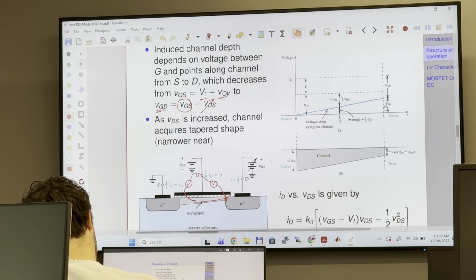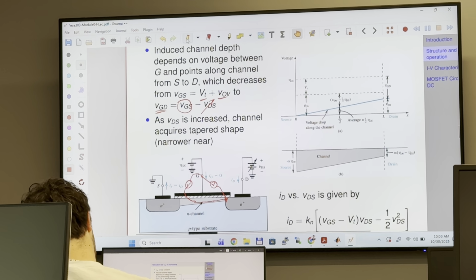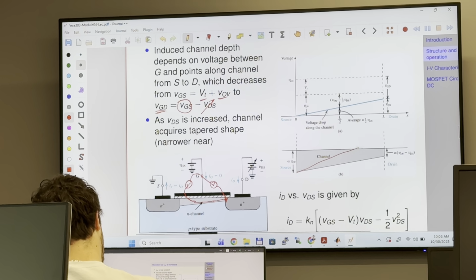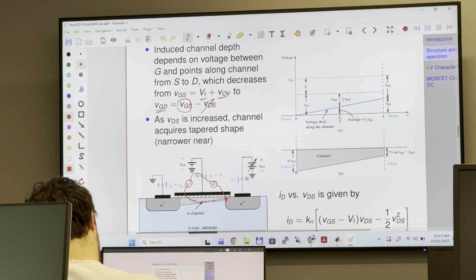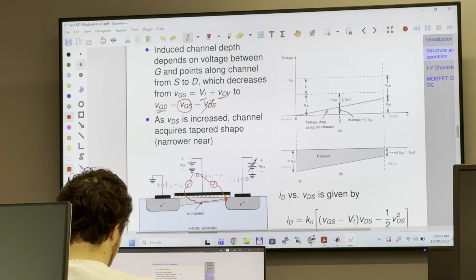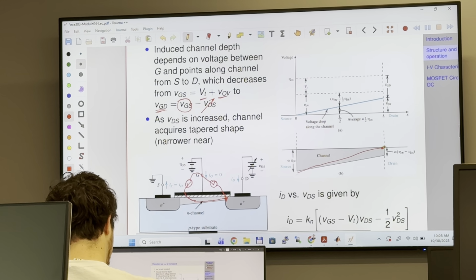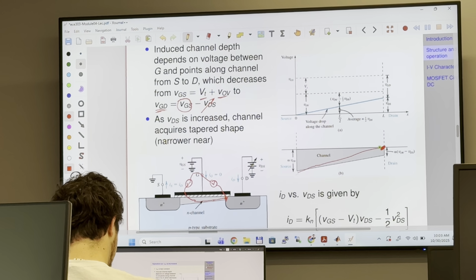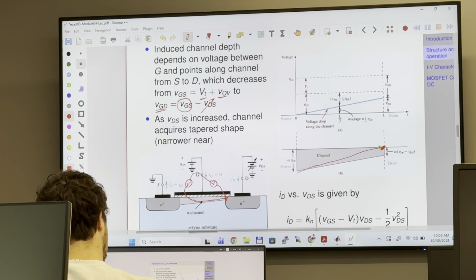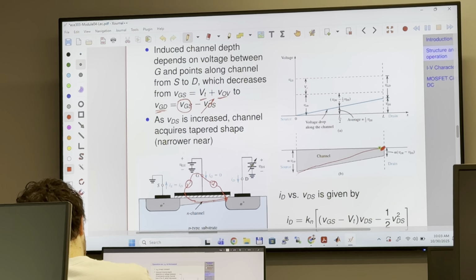If you keep increasing VDS, the channel is going to look like this, and it's going to come right here, which means that at that time, even if you increase VDS, current will not increase, current will be constant.